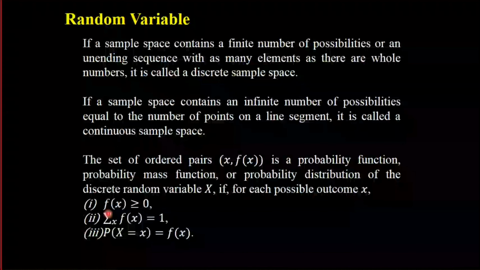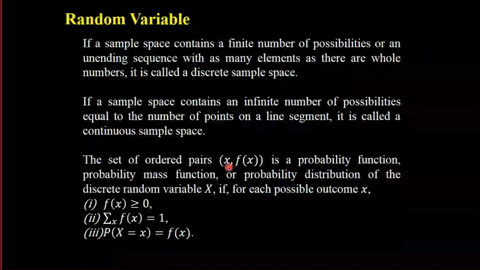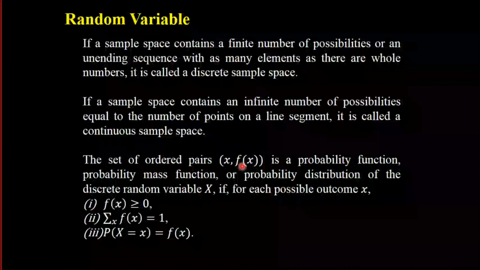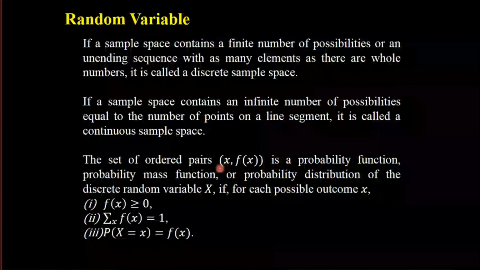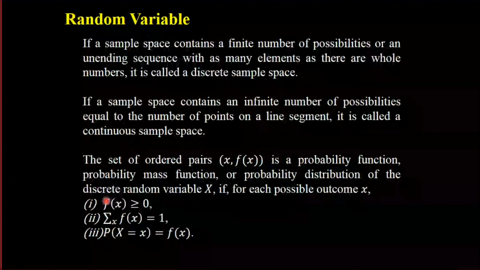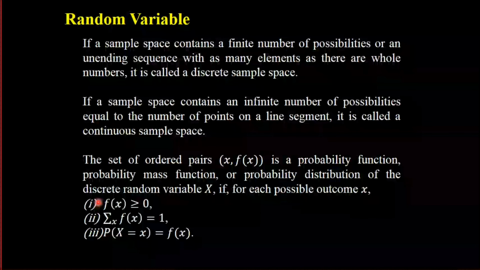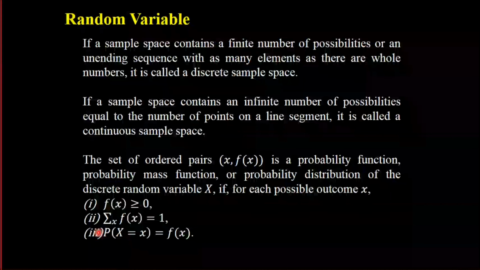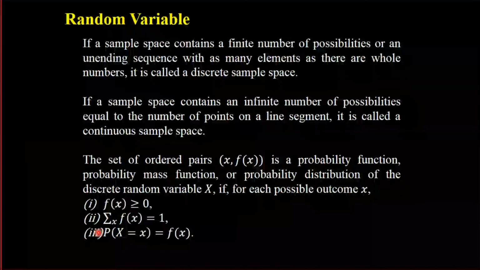Understand the concept: if we have ordered pairs of an element and its probability, and they follow these three properties, then we call it a probability mass function.